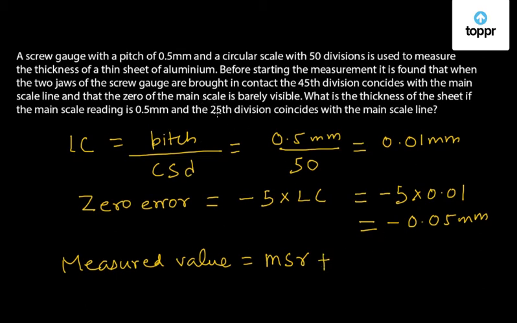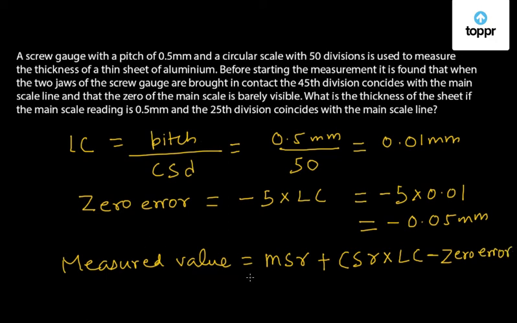Here it is given the 25th division, so this is the circular scale reading and it will be multiplied by the least count of the screw gauge, and from this value we will subtract the zero error, minus zero error.